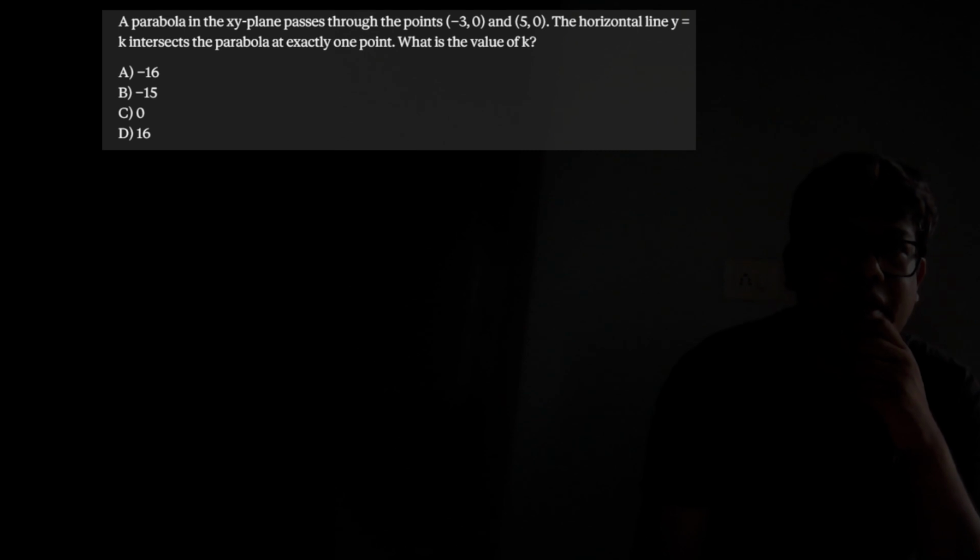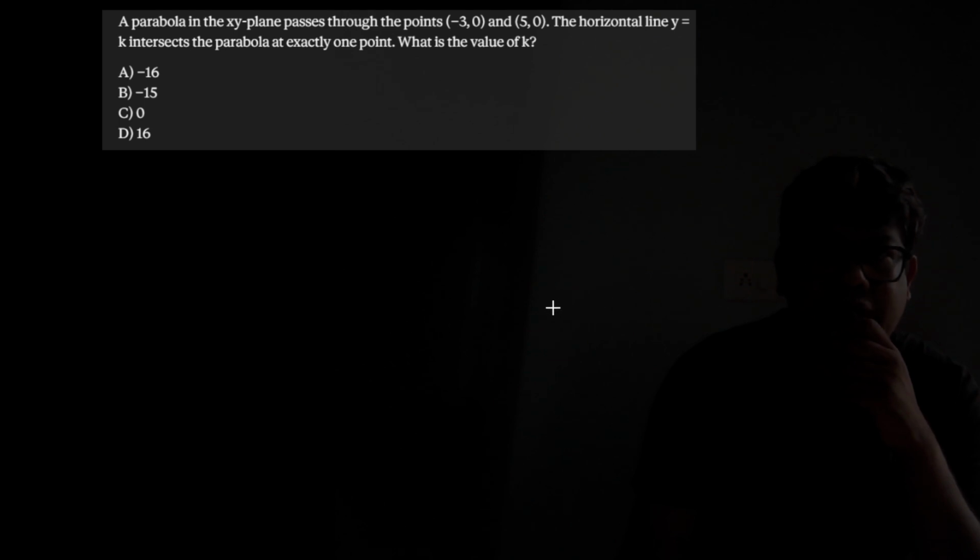Now here it is said a parabola in the xy plane passes through points minus 3 comma 0 and 5 comma 0. The horizontal line y is equal to k intersects the parabola exactly at one point. What is the value of k? This problem is very similar to the problem that we did just now.